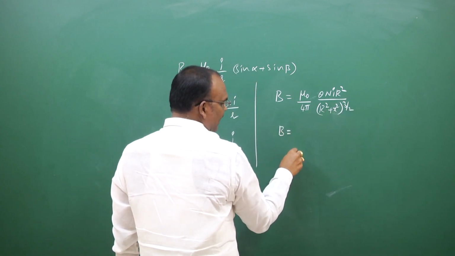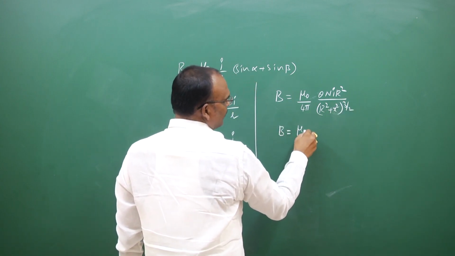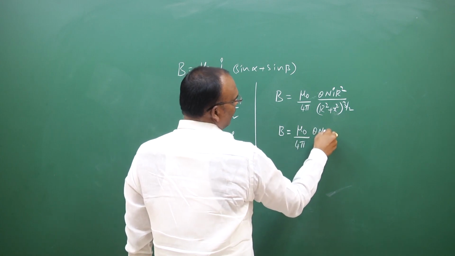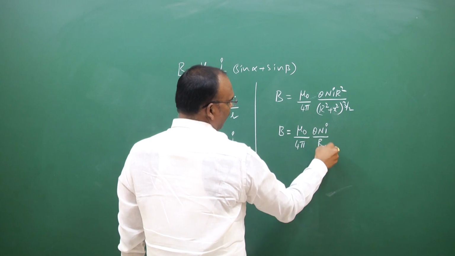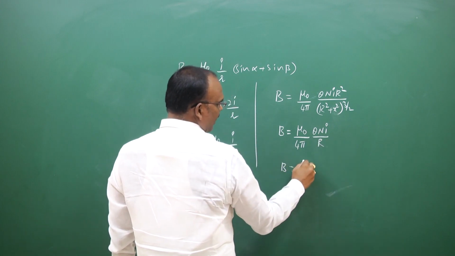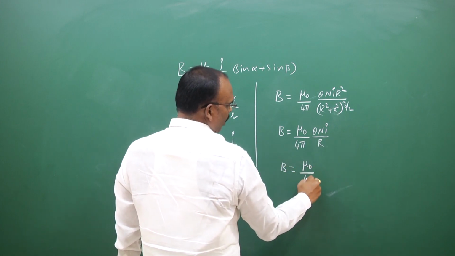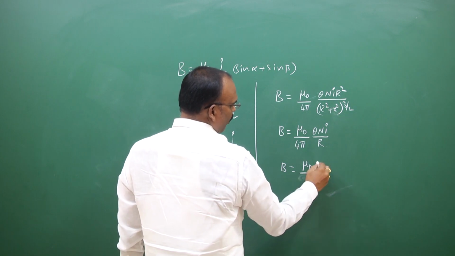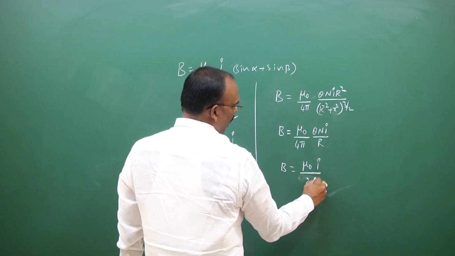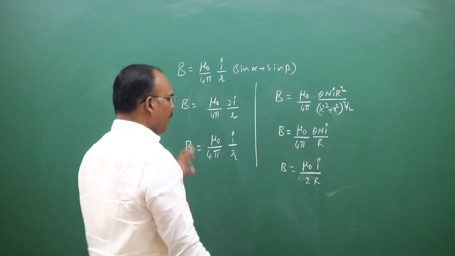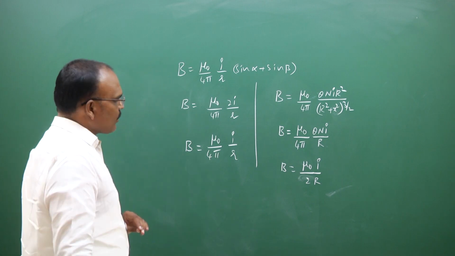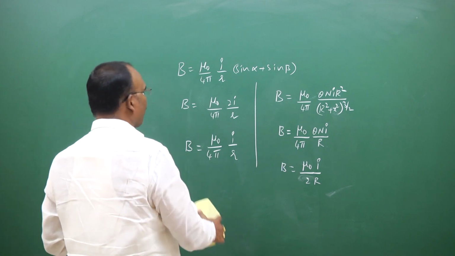The magnetic field at the center for N turns is mu naught by 4 pi 2 pi N I by R. For only one turn, mu naught I by 2R. These formulas you remember carefully. We will use these things to solve the coming problems.